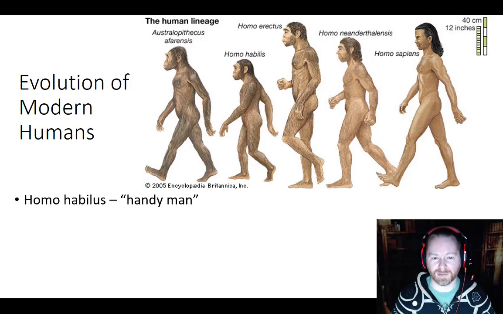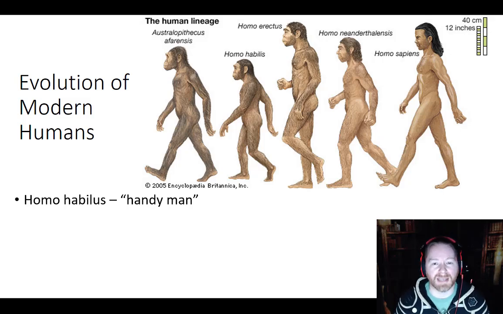Now, not like a jackhammer or a drill, but a rudimentary rock and pedestal that they would use to grind up food, or to simply break open a bone to get to the bone marrow. In its direct definition, that is a tool, and they were using tools. So we call them handyman because they were one of the first ones to use tools.